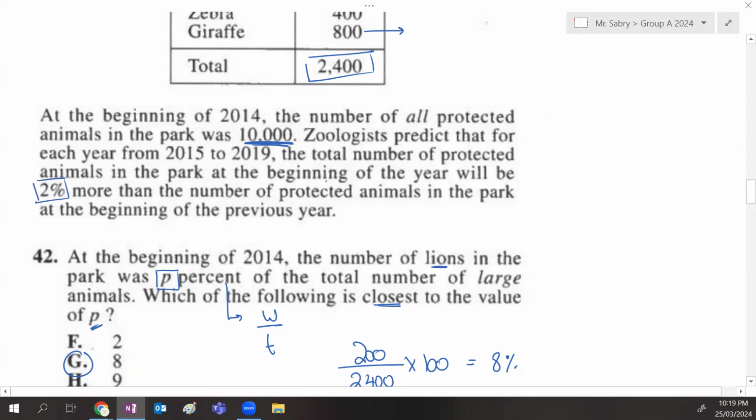Meaning it would be increasing by 2% each year. And apparently they started with 10,000 animals in the year 2014, and each year from 2015 up until 2019, it was increasing.